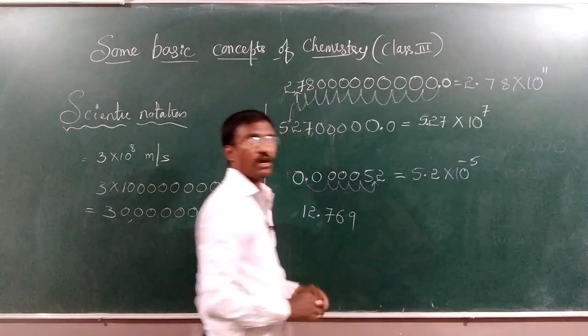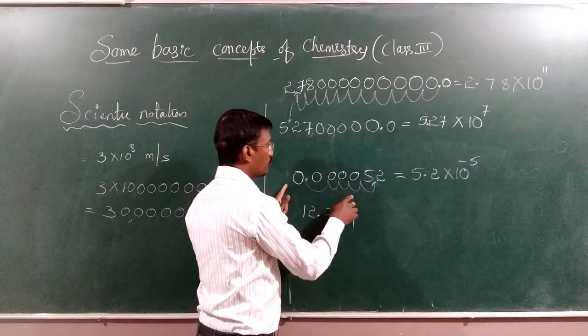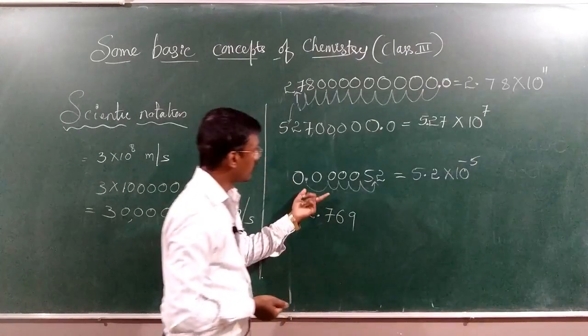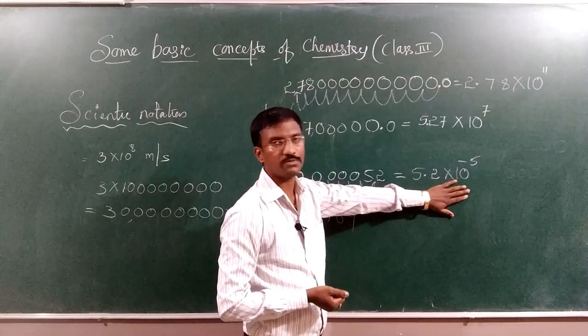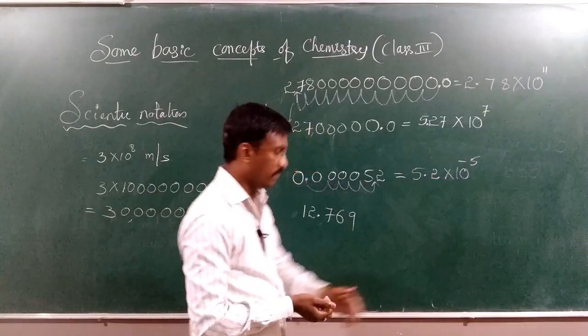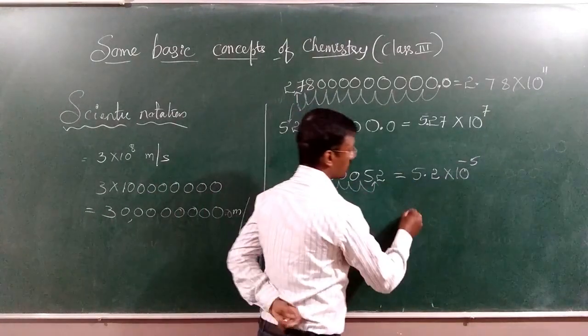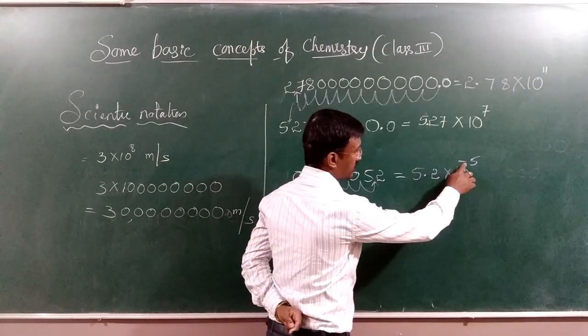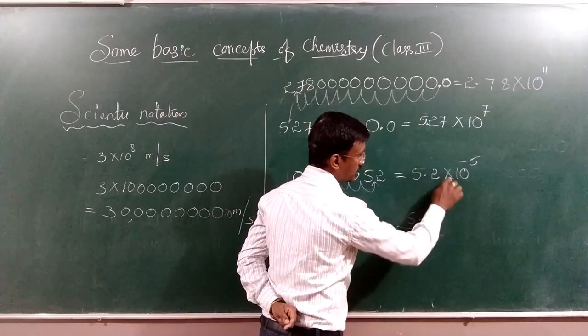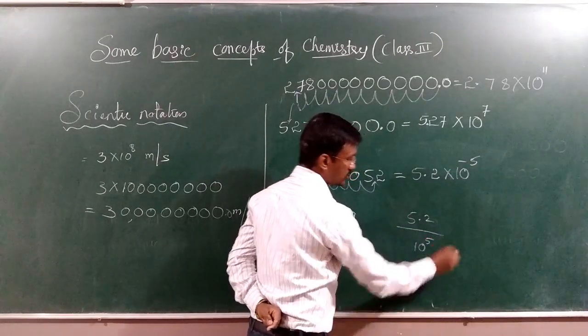These two are the same. If they ask you to write the following terms in scientific notation, writing only this much is enough. For your information, here 10 raised to minus 5 is there. If it comes below, it will become 10 raised to plus 5.